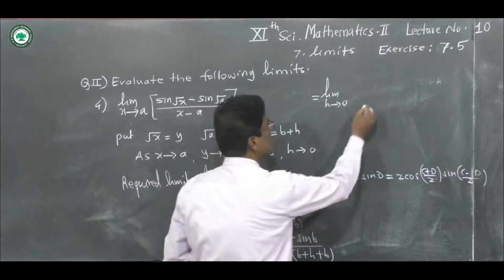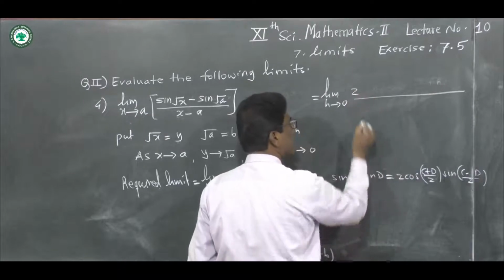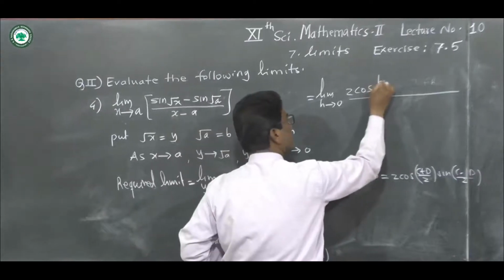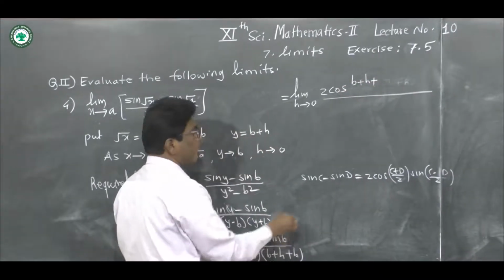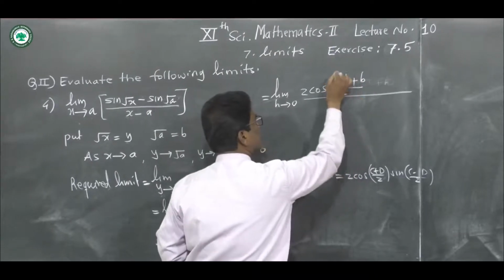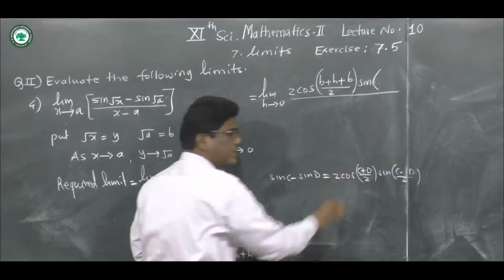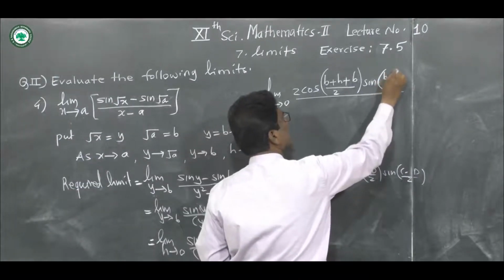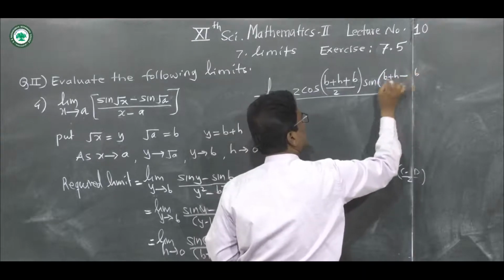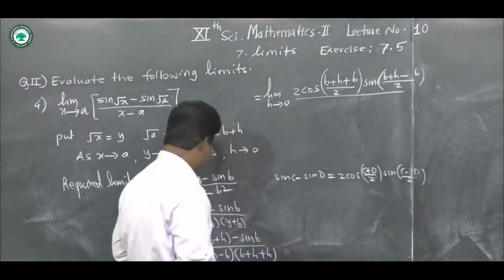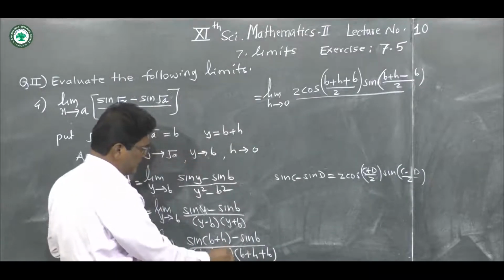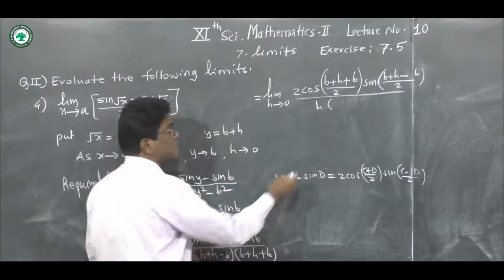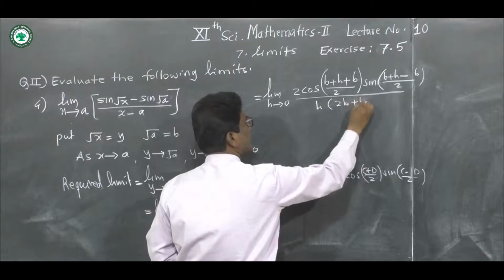That is equal to, in the numerator, 2 times cos of c plus d, see here b plus h plus d here b, so b divided by 2 into sin of c minus d, see here b plus h, so b plus h minus d here b and divided by 2, and whole divided by, here plus b and minus b can cancel. So here h in the bracket, here b plus b twice b. So twice b plus h.